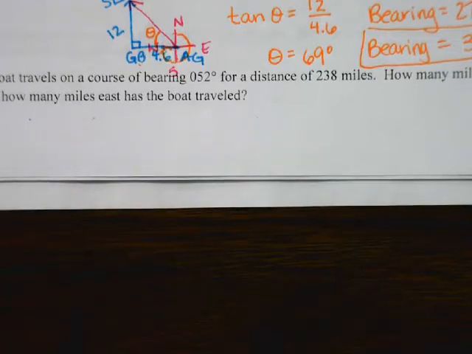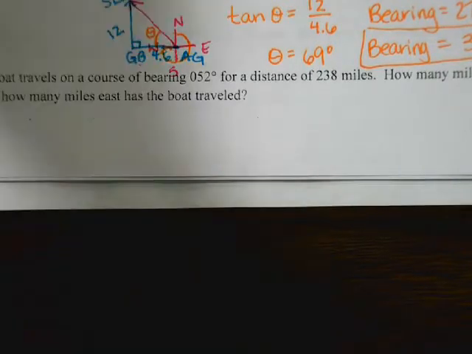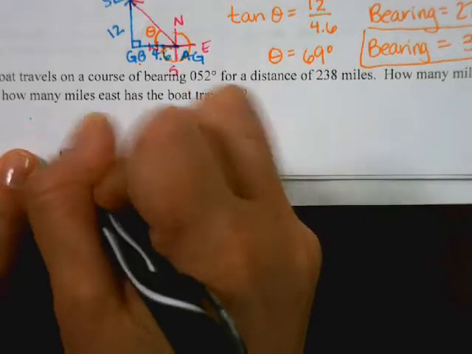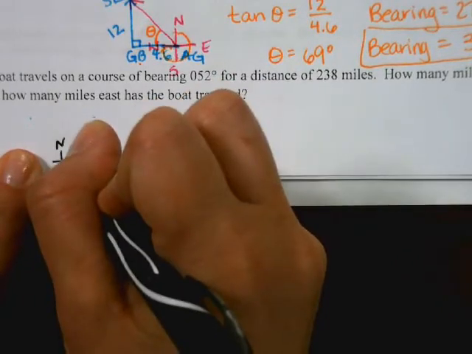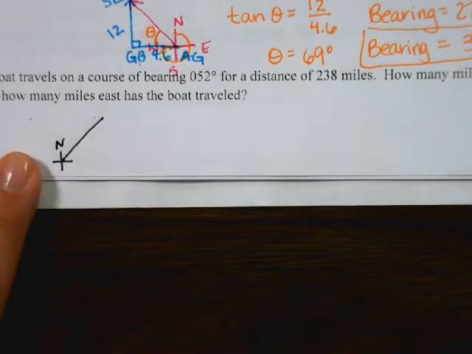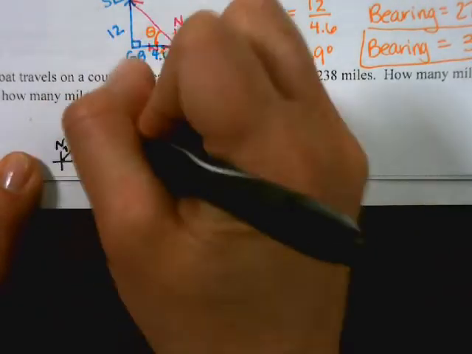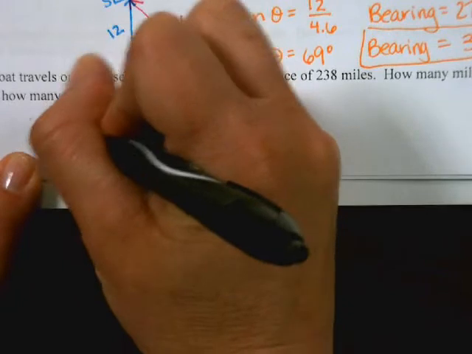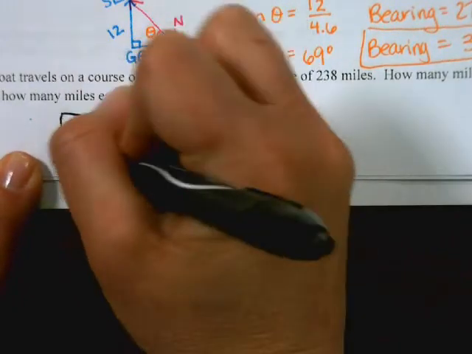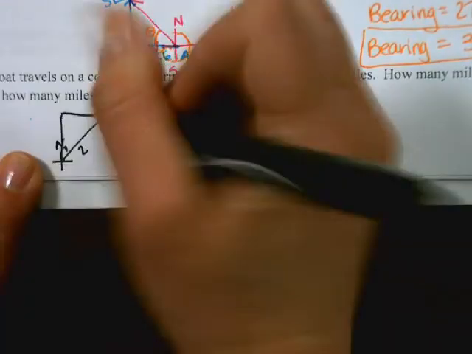So it's gone 238 miles northeast. Here's my boat. He started out here. Here's my north. He went 52 degrees this way. There's 238 miles.